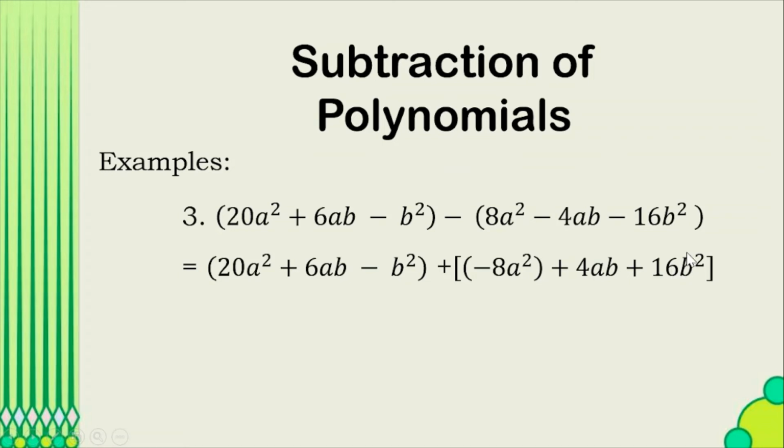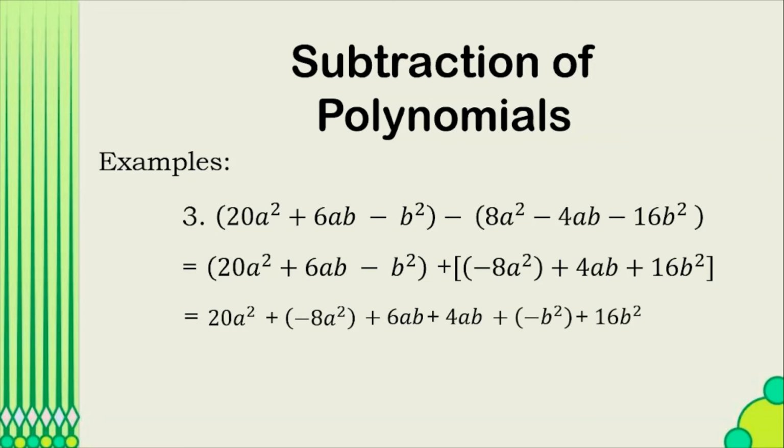Next, combine similar terms. So we have 20a squared plus negative 8a squared plus 6ab plus 4ab plus negative b squared plus 16b squared. Now let us solve this. 20a squared plus negative 8a squared. Now let's get the numerical coefficients of the two terms. So we have 20 and negative 8.